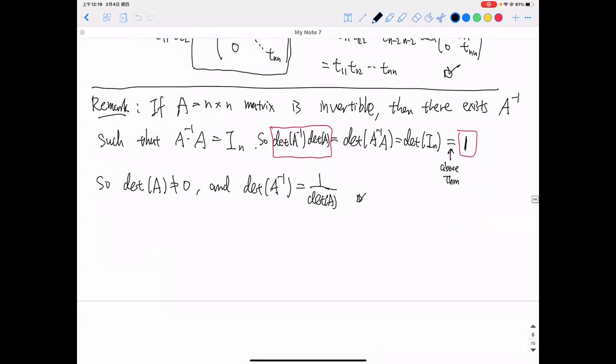Now, what is this saying? As you remember, being invertible is the same as being non-singular. So we have the following implication: A being non-singular, i.e. invertible, implies the determinant of A is not 0.